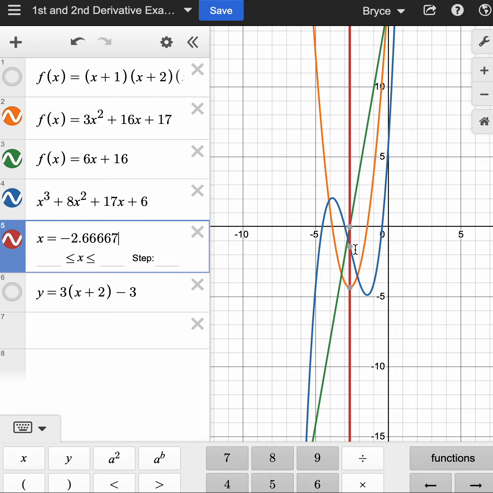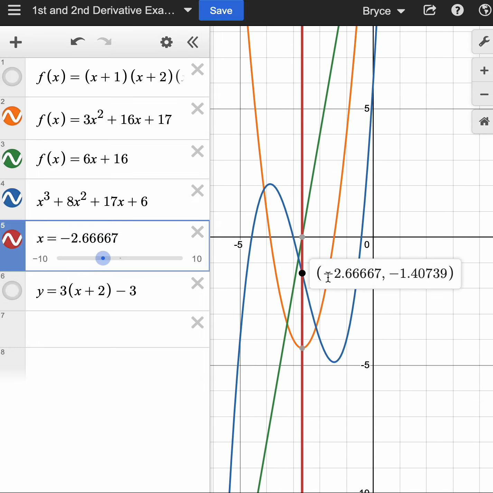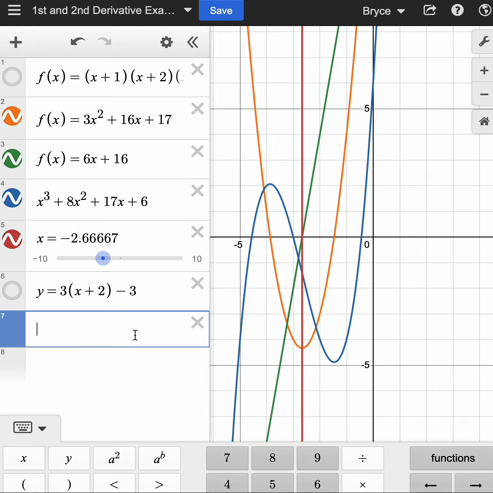And then if you see here, using this, you can find the extrema, where the coordinates of this are right here. And then now you can save the coordinates of the inflection point.